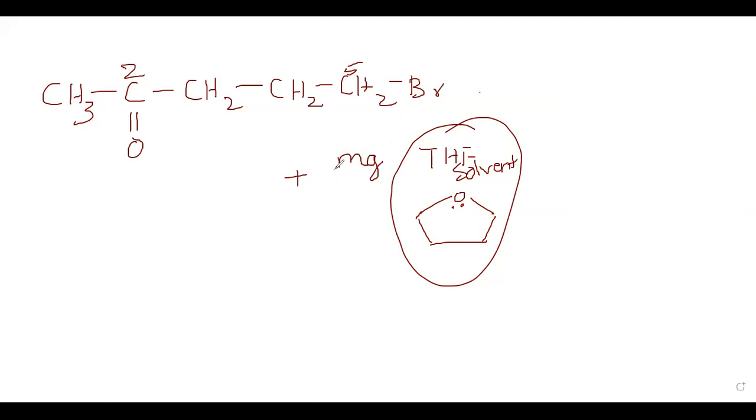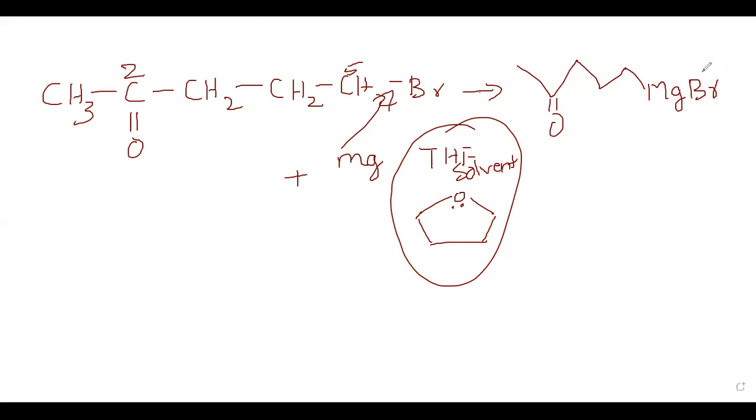So this Mg will get in between this one. So what is it? 1, 2, 3, 4, 5. Okay, double bond O and Br. Now not Br, MgBr. Now what happens? And then again acid hydrolysis.